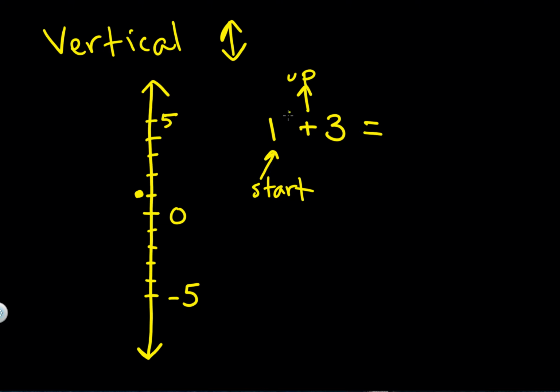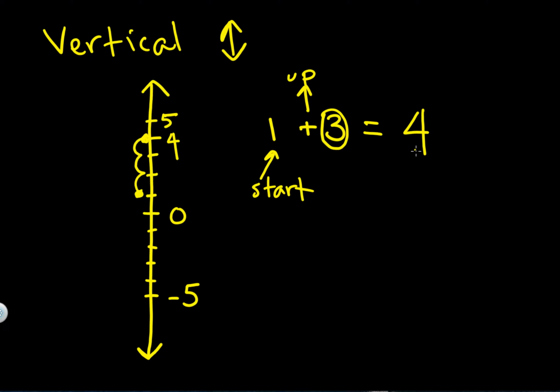So we're going to go up. And this is another positive number, so we're going up that many. So we start at the 1, we go up 1, 2, 3, and you see here that we're landing on the 4. So once we land on the 4, we know that that's our answer. 1 plus 3 is 4.